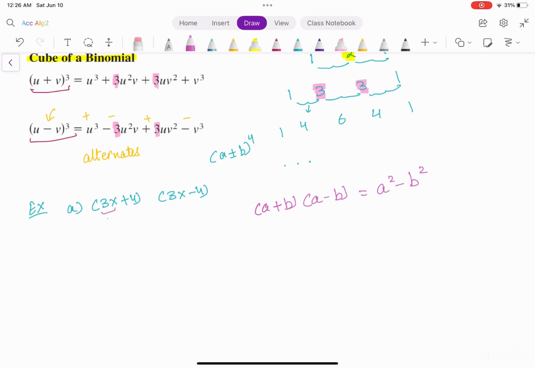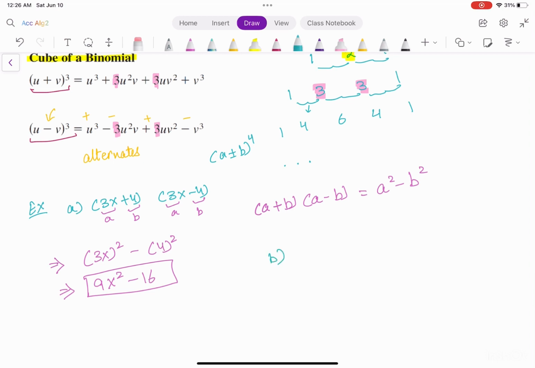Now let's identify what a is. A is 3x and b is 4, right? So let's square it. 3x and everything squared. Don't just square the x. The whole entire term will be squared. So this will give you 9x squared minus 16. And that is what we are looking for.